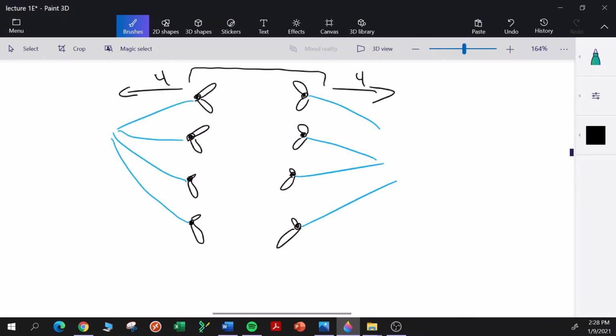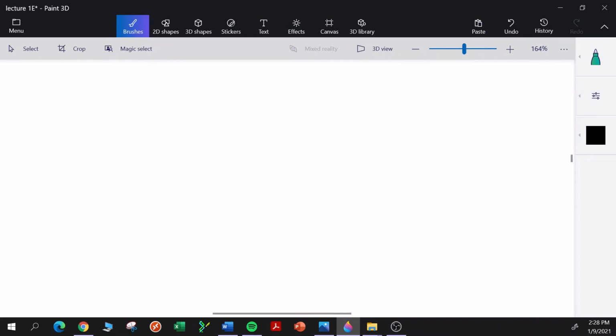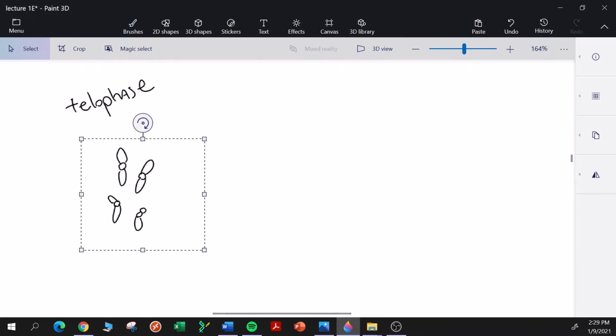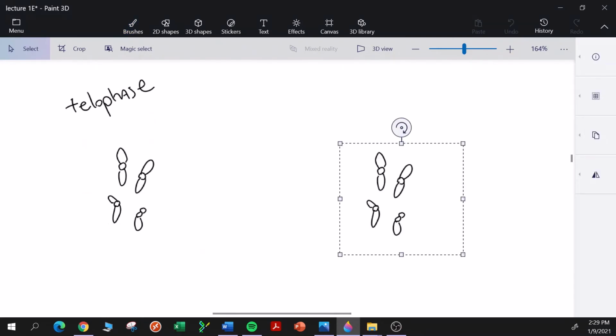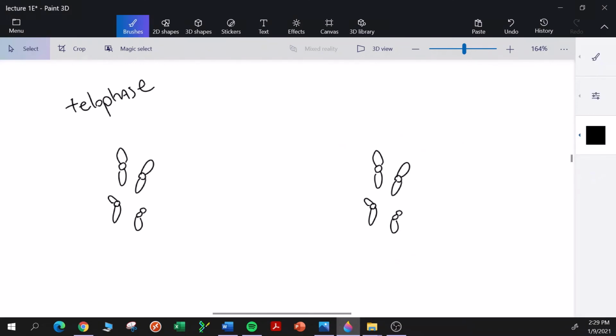And finally, telophase. What happens during telophase? The chromosomes arrive at each pole. And maybe I can just copy and paste this guy right here. What else happens?